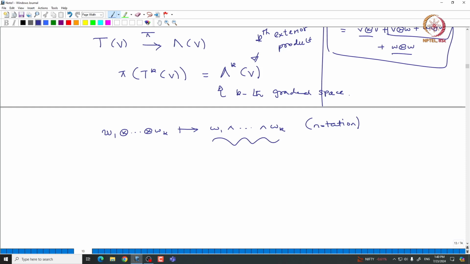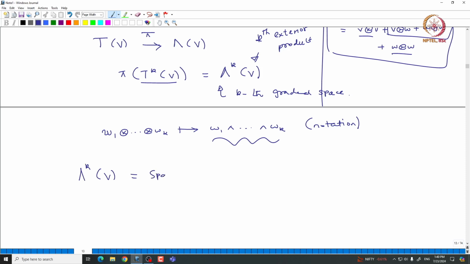With that observation, one can easily see that all the images of basis elements coming from T k of V give a spanning set for lambda k of V. But since no two basis elements of V in the word should repeat, that gives us a smaller spanning set.